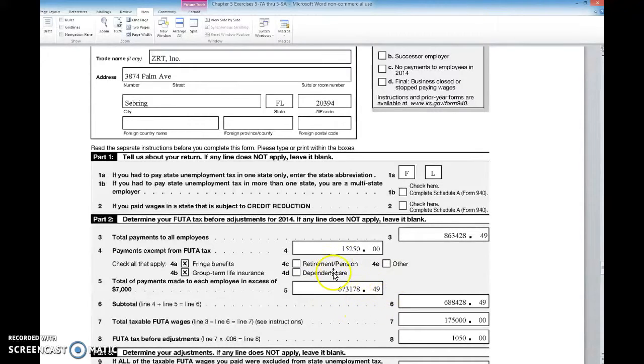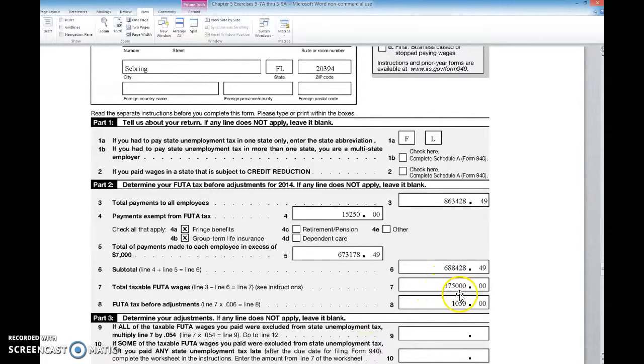Remember, these are the wages. Once they go past the $7,000, these are the wages that are not subject to FUTA tax. We need to add line 4 and line 5 to give us $688,428.49.